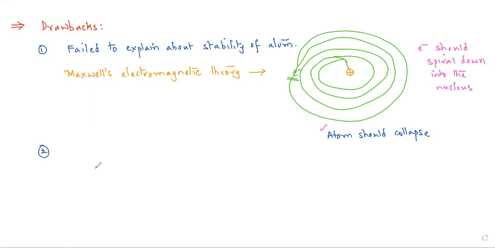Then, it also failed to explain the spectra given by atoms. It is because it failed to explain the electronic arrangement.